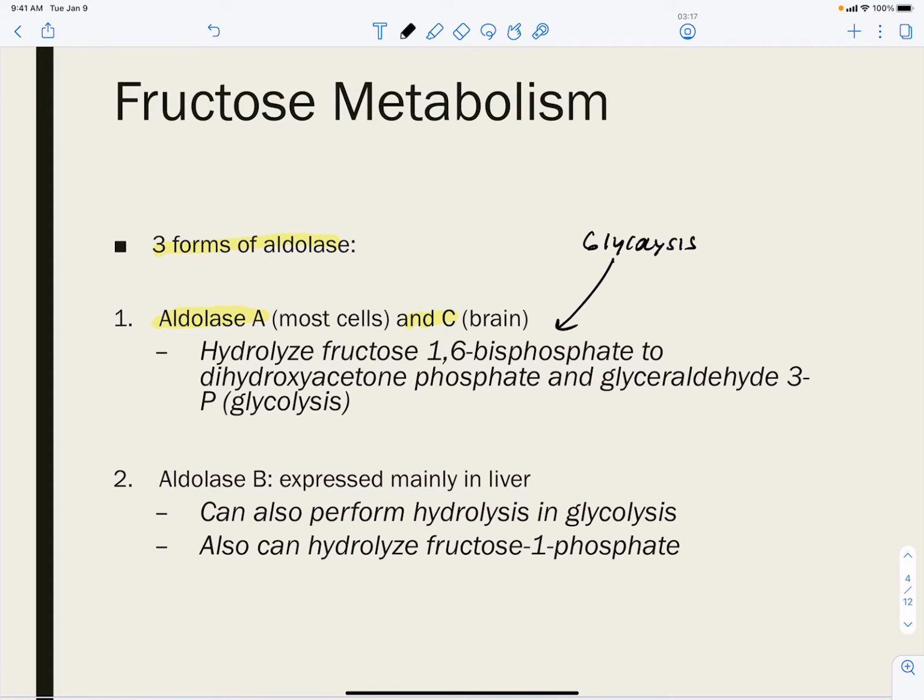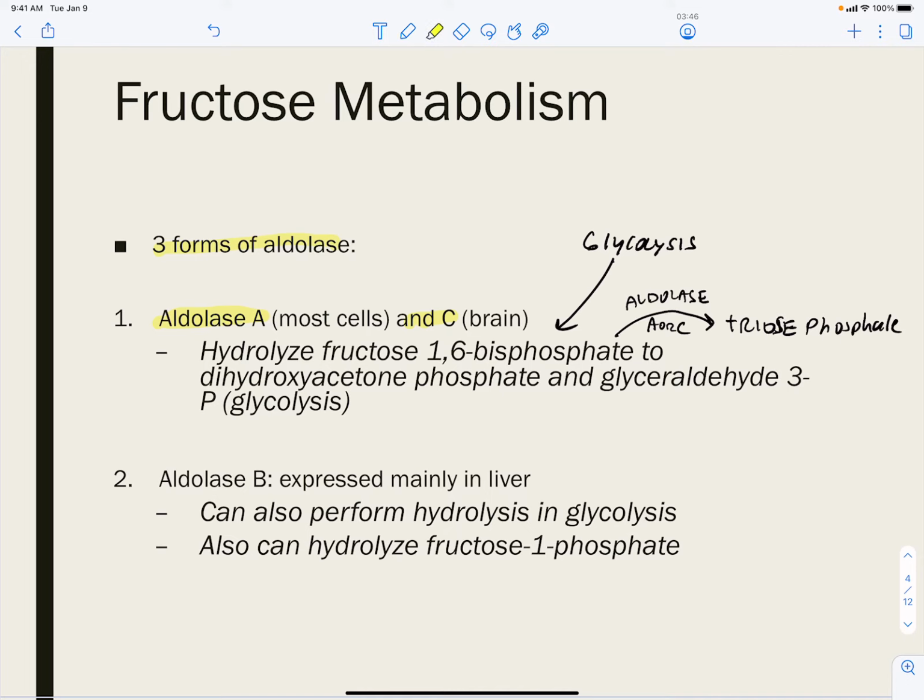And aldolase A and aldolase C are going to be able to make those into the triose phosphates, and that's the glyceraldehyde 3-phosphate and the DHAP.